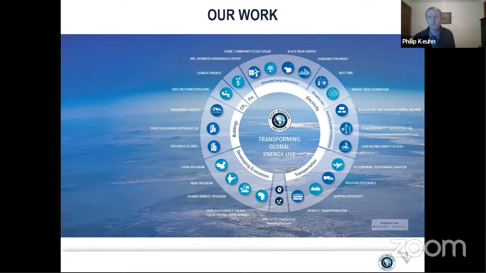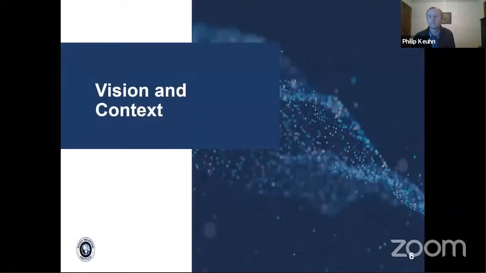The portfolio energy optimization initiative is inside the buildings group, and we're really focused on commercial buildings and renovating existing buildings. So I'm going to do a few slides on some context and why we're approaching it the way that we are, and then I'll dive into a case study of a project we recently completed.